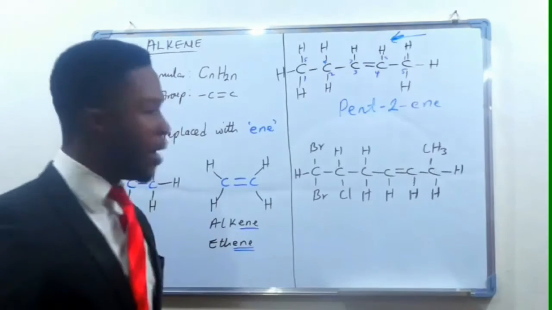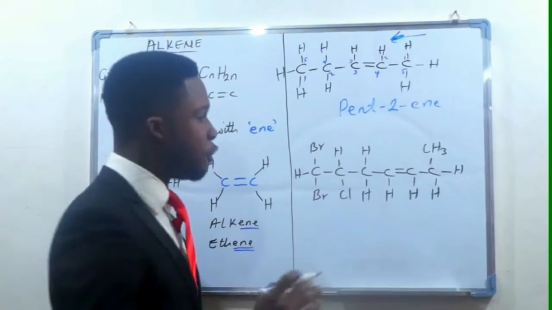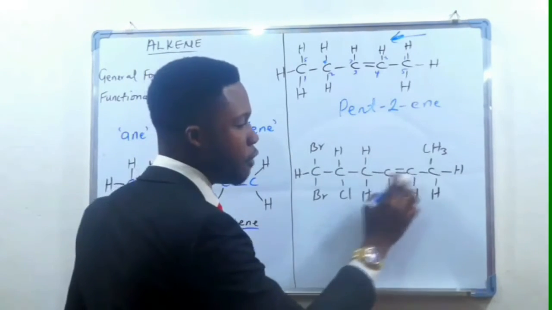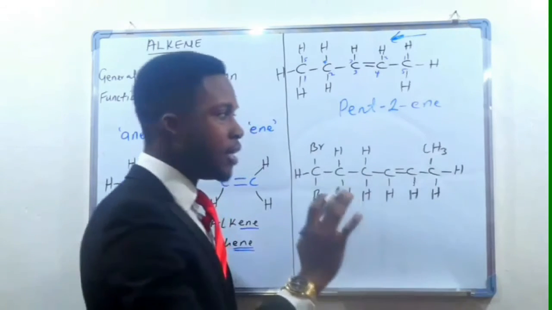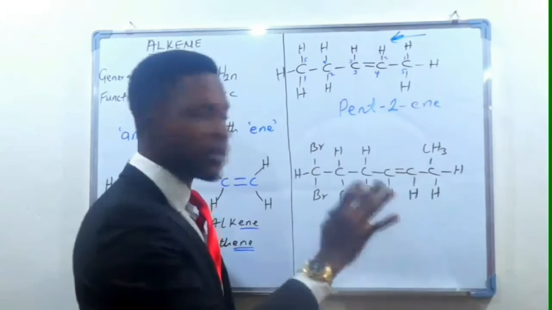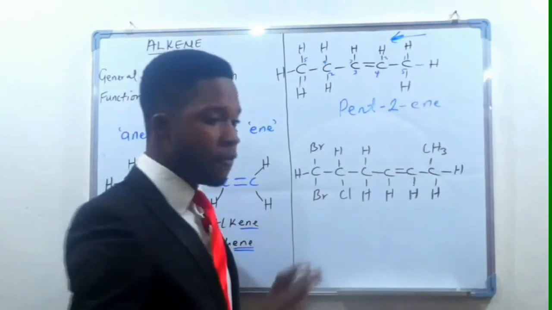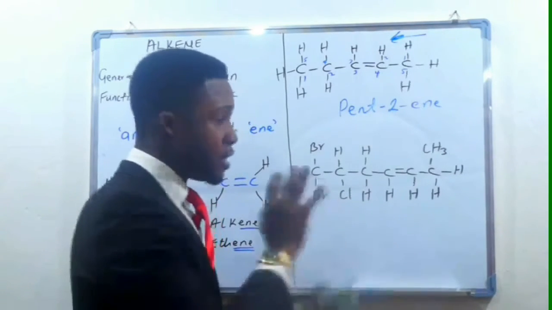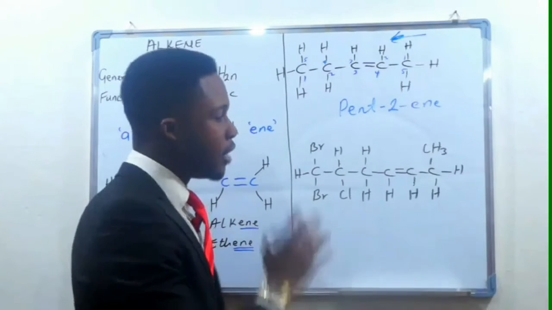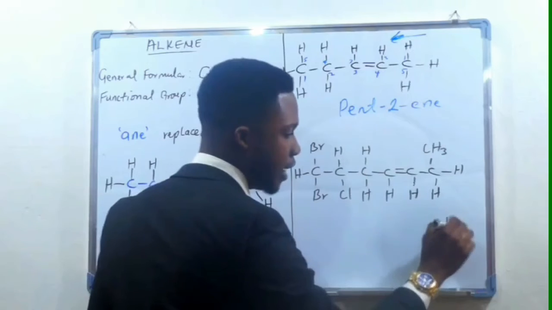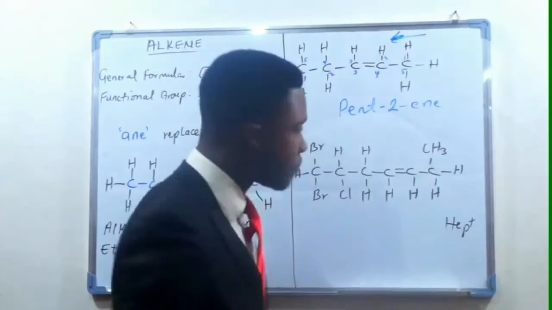Now looking at this compound, we can count from left to right. 1, 2, 3, 4, 5, 6, 7. Now there are 7 carbons in the carbon chain. The longest possible chain is 7 carbons. 7 carbons in a chain gives us hept. Let's not forget that. Hept.